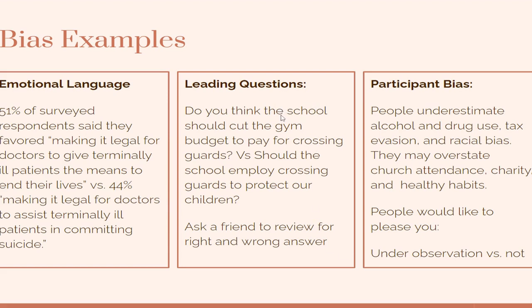So we want to ask questions that we might ask people to review for us. Is there what seems like an obvious right or wrong answer? Like, would I be a bad person for answering this certain way? This is really tricky in questions where there definitely are right and wrong answers, and we're interested in studying that, right? So you might have questions about other people's bias, like homophobia or racism.